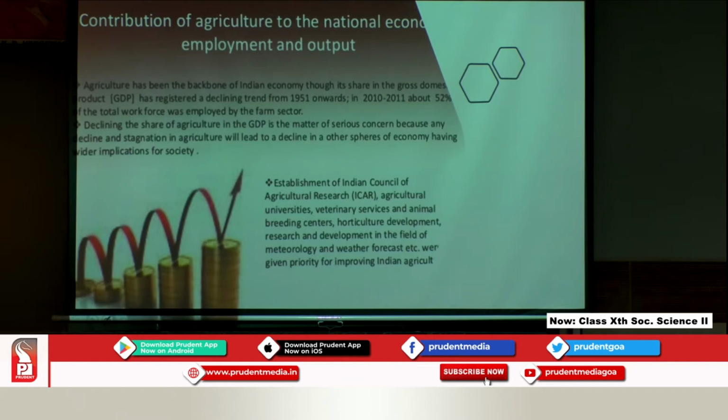We have veterinary services for improved livestock, animal breeding centers to provide better animals which will give better milk or better meat, horticultural development to improve the fruits, vegetables and flowers in the country, and research and development.